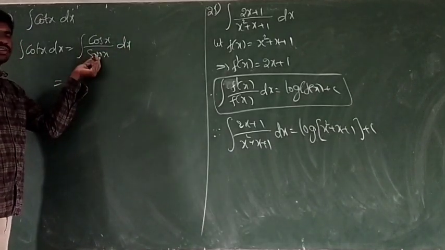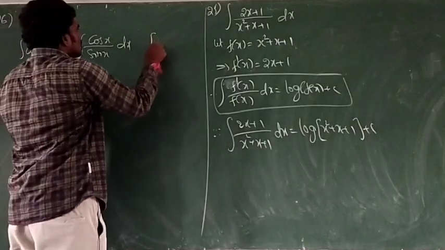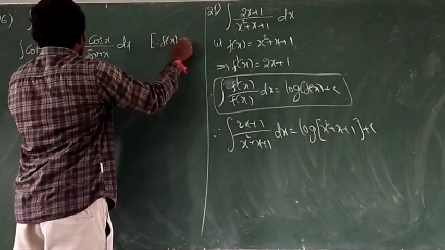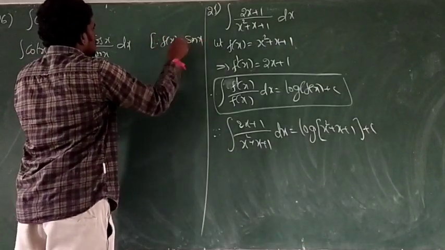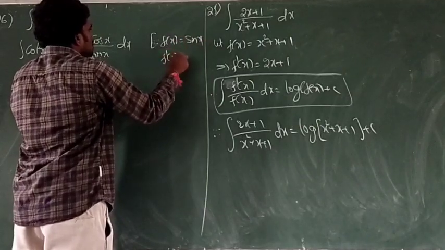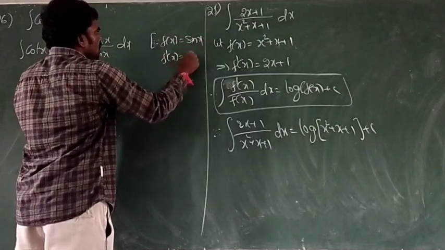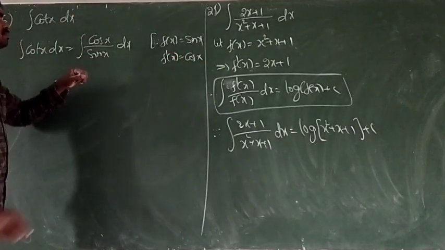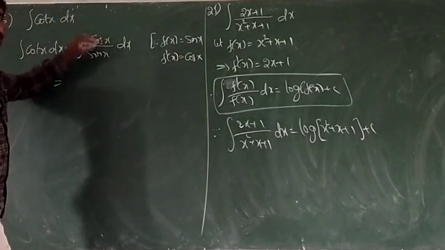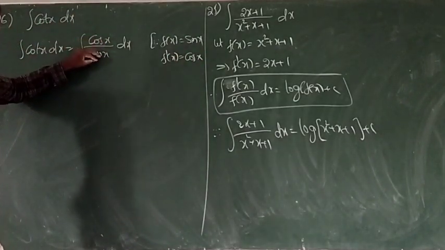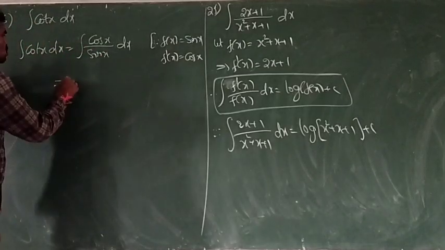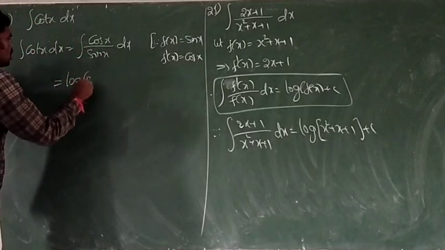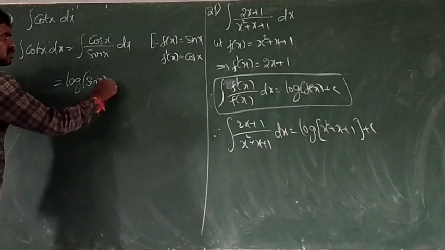Here I am taking f of x as sin x, then the derivative f dash of x means the derivative of sin x, cos x. So the numerator is the derivative and the denominator is the function, so this is log of sin x plus c.